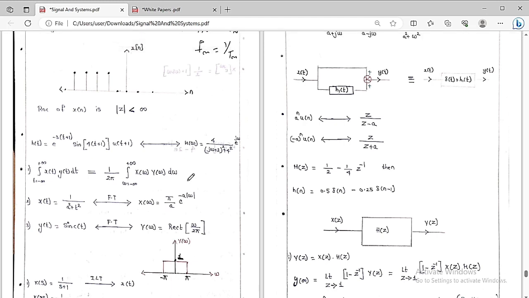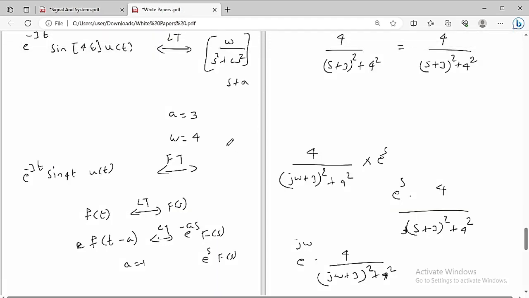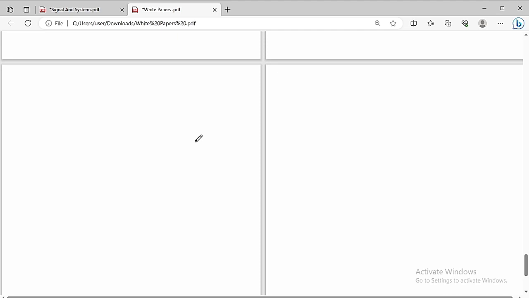So the integration from minus infinity to plus infinity of x of t into y of t dt is nothing but 1 by 2 pi. Let me tell you the concept so that you can easily understand. Suppose x of t has the Fourier transform X of omega, and y of t has the Fourier transform Y of omega.